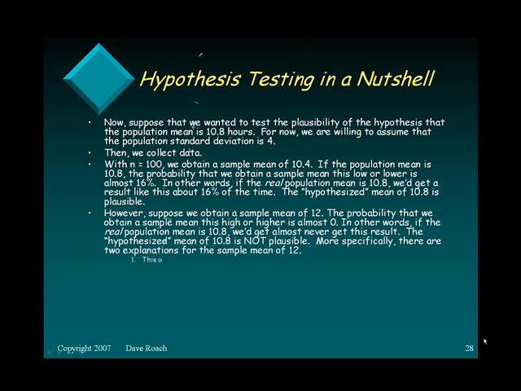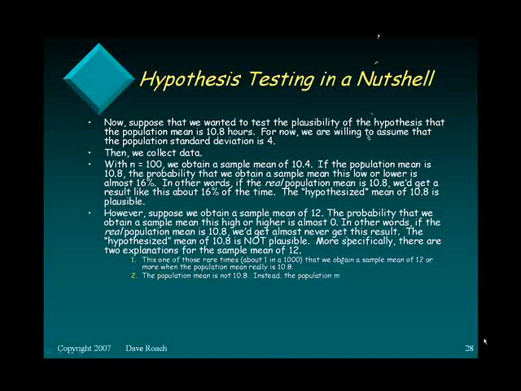But there are two possible explanations for getting a sample mean of 12. First, this could be one of those rare times, about 1 in 1,000, 0.0013, could be one of these rare times that we really do get a sample mean of 12 when the population mean really is 10.8. It's possible. Alternatively, the population mean is not 10.8.